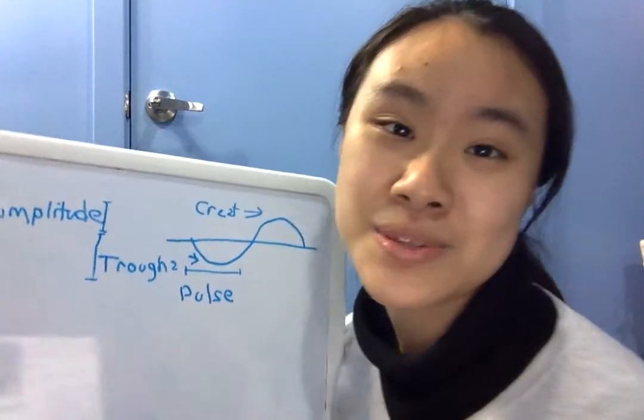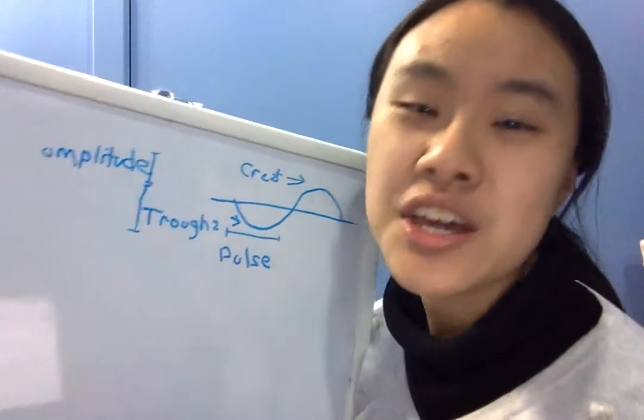Interference plays out in a specific way when two waves collide.